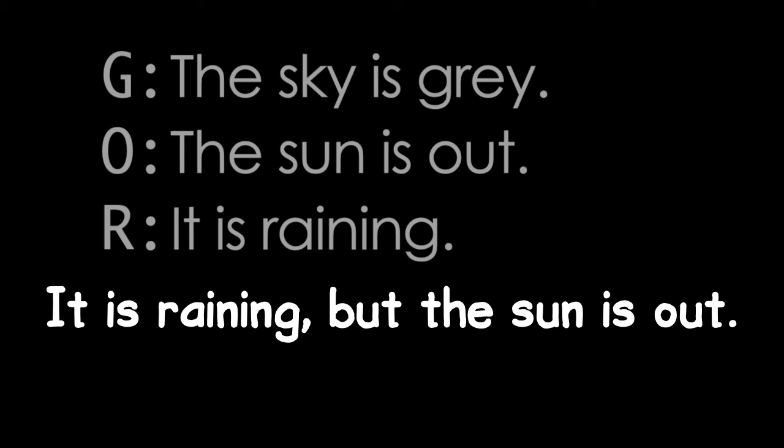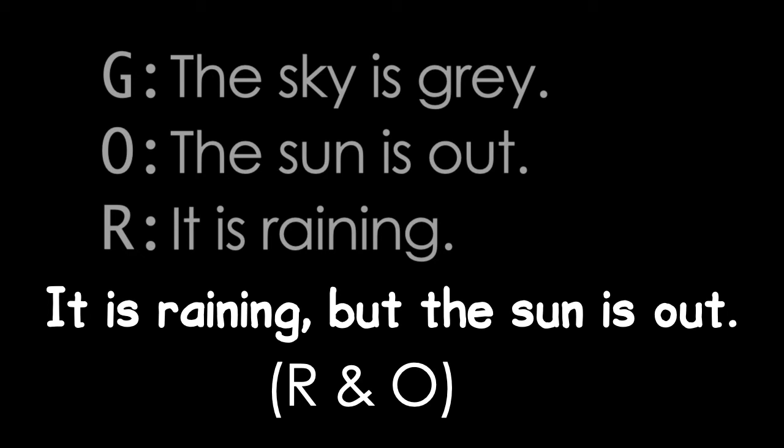Now consider this sentence. "It is raining, but the sun is out." We translate it as R and O, using the same ampersand symbol, the same logical conjunction. Even though the word "but" in that sentence suggests a kind of contrast, "It's raining" contrasts with the sun being out, the sentence is still saying that both of these things are true.